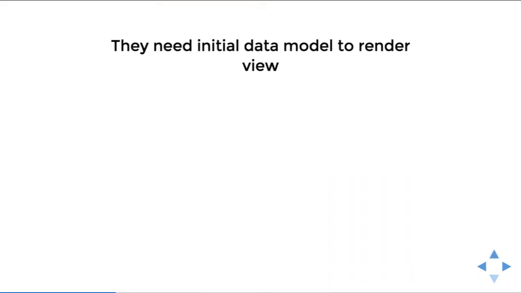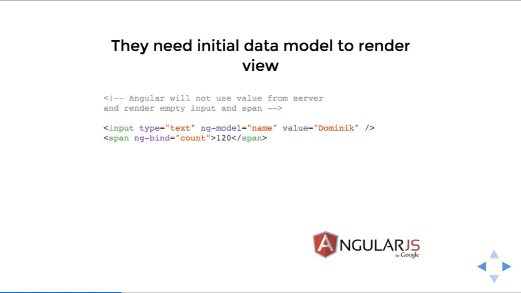The other problem is that JavaScript frameworks need an initial data model to render the view. I think you maybe don't really understand what I mean, but this example will show you exactly what it is. For example, in Angular, there is a case about pushing data to the view. In this example, there is an input and a span, with ng-model and ng-bind.